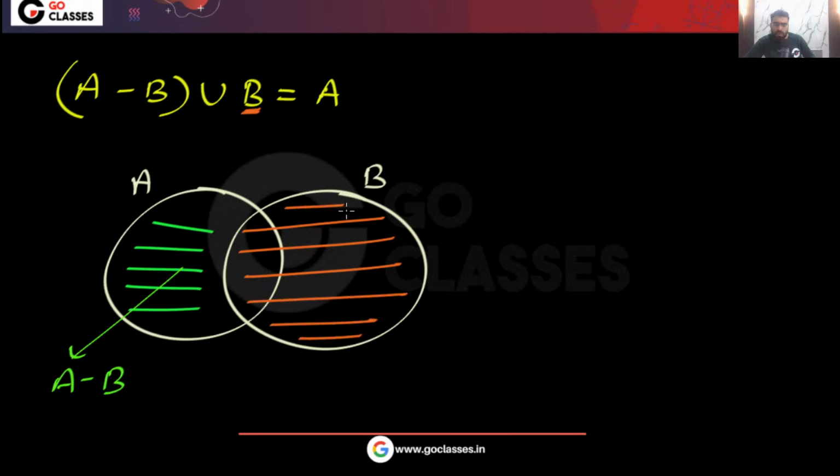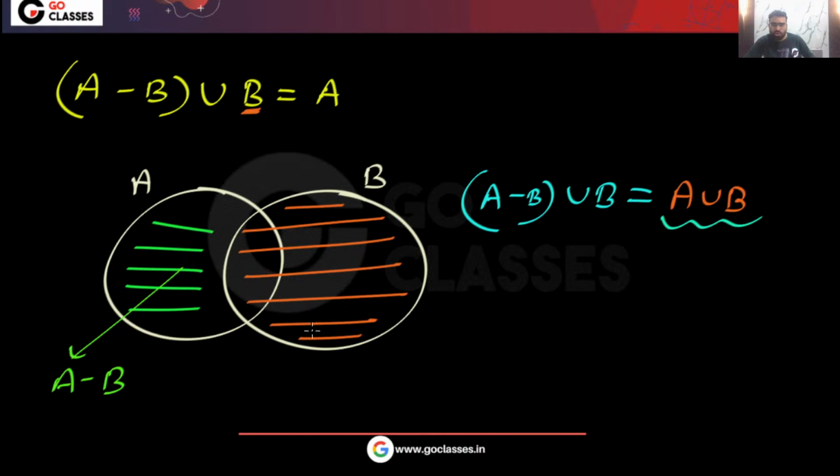So what is A minus B union B? From this Venn diagram you notice that this green area is the A minus B and this orange area is basically B. Now if you take their union, you should get A union B, right? Do you agree with me? You should get A union B.